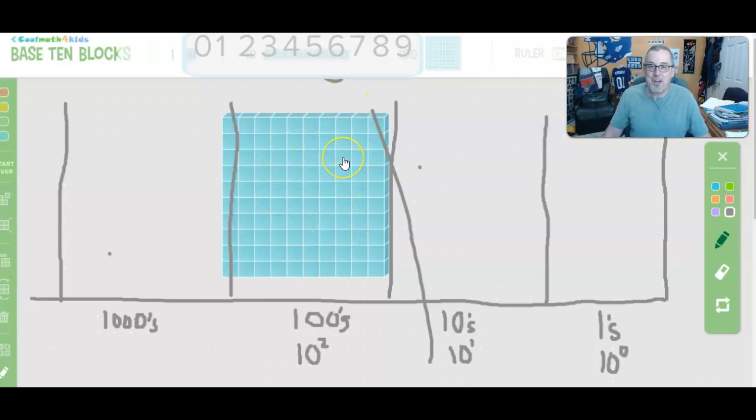Now this one you have to imagine, I don't have it to build on here, but imagine taking those sets of 10 and stacking them up. What you would have is a 10 by 10 by 10 cube. And so when you get to the 1000s, you'd be keeping track of 10 to the third power, or 10 cubed. And so powers of 10 is what we're seeing here as we move from right to left.